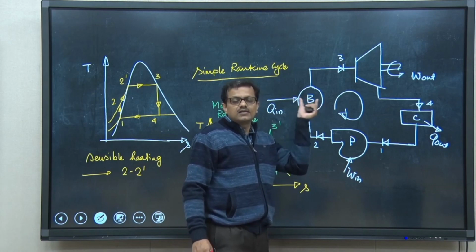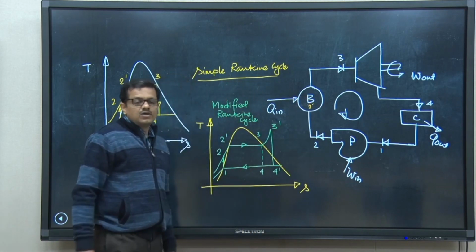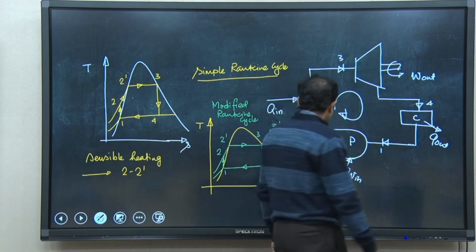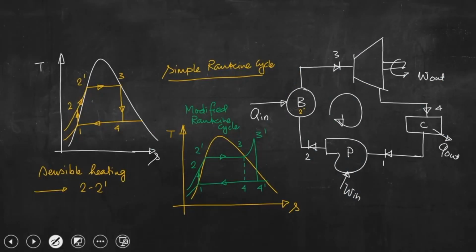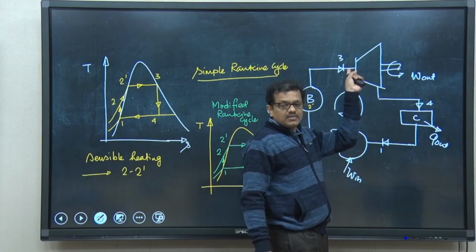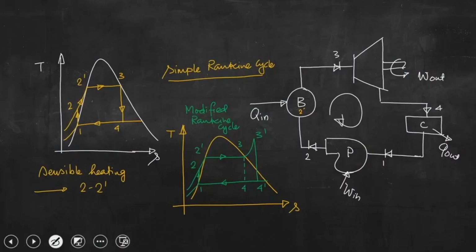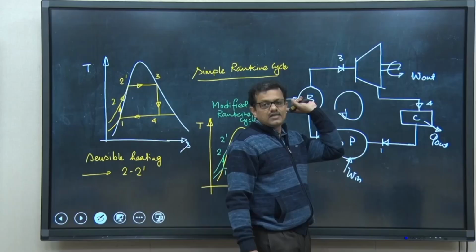Instead, that heating can be completed through a special arrangement. One such arrangement could be, if we can allow feed water to go through the turbine following a counterflow heat exchanger arrangement, as if water is allowed to pass through the turbine and the direction of water flow should be opposite to the steam flow direction, and that water should be taken into the boiler for further heating.